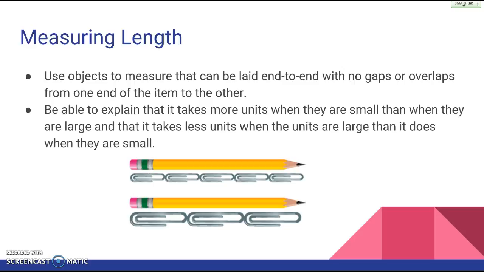And they can talk about how many red Lego pieces long is their shoe, or how many blue Lego pieces long is their shoe. They can measure with anything. They could measure the length of your kitchen table with how many pieces of spaghetti long is your table. So the idea is just to experiment and get the idea that length is a continuous measurement with no gaps and overlaps.